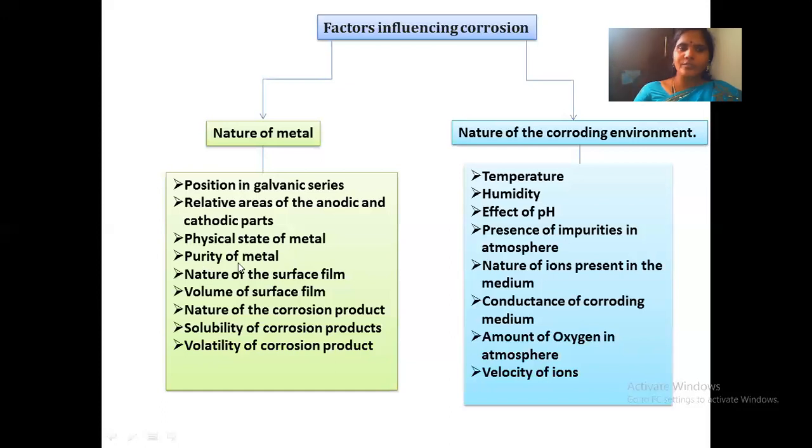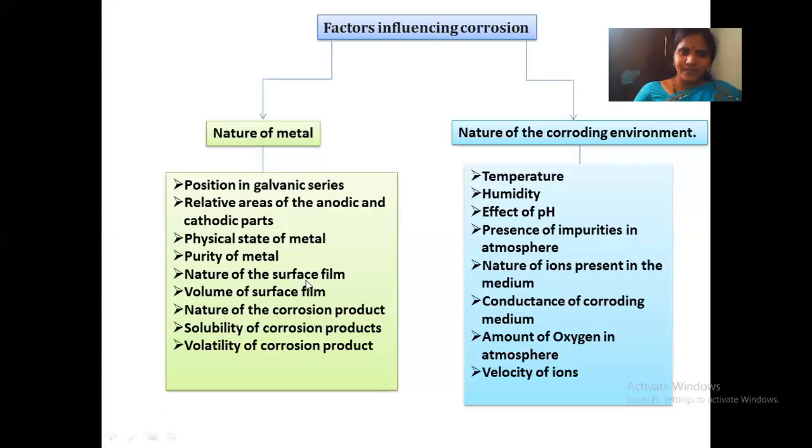And then the purity of the metal. If the metal is 100% pure, it has a corrosion rate of 1. But if the purity is 99.999 percent, it increases to 130 times. Just with very minute impurities, the corrosion rate is enhanced much. So the fewer the impurities, the less the corrosion.